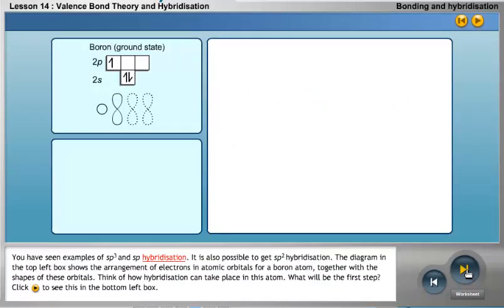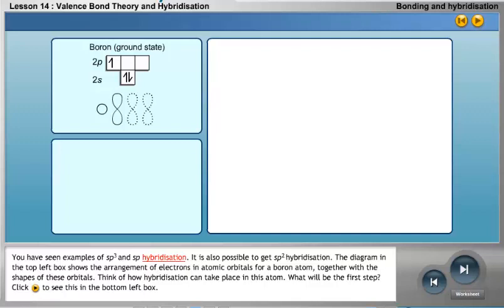You have seen examples of sp3 and sp hybridization. It is also possible to get sp2 hybridization. The diagram in the top left box shows the arrangement of electrons in atomic orbitals for a boron atom, together with the shapes of these orbitals.